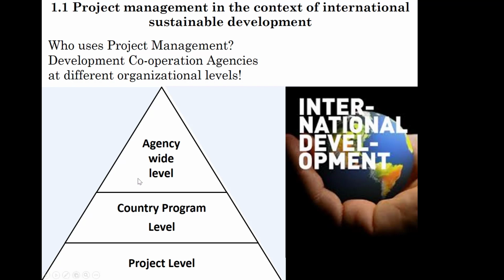The third level is then what is called the corporate or agency-wide level, where the results from their interventions in different regions of different countries around the world are managed, and especially in line with the United Nations Sustainable Development Goals. So the performance measurement of a development agency at the agency-wide level is always made against the SDGs.